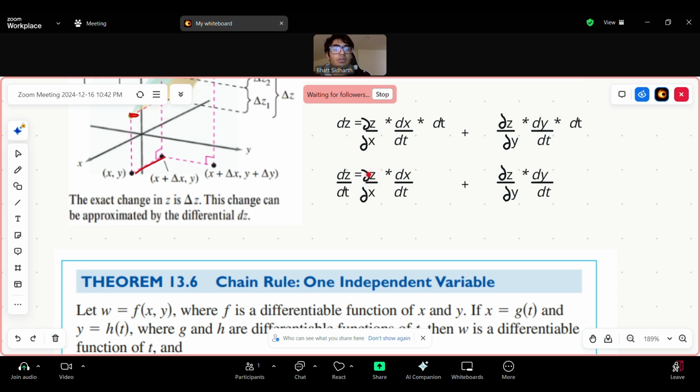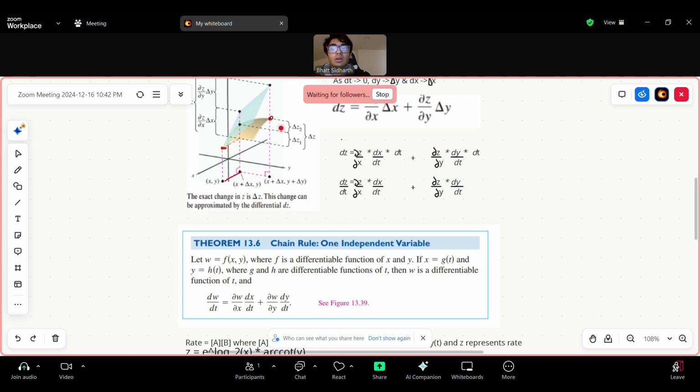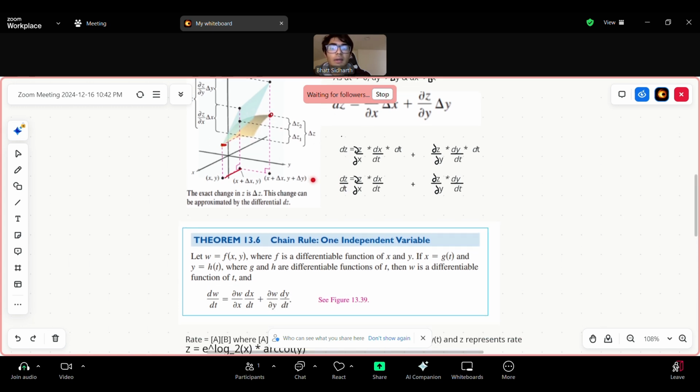And this makes sense if we look at it, because the partial x kind of cancels out with the dx. So then we're left with the change in z with respect to t for x, and the change in z with respect to t for y. And if you add those together, it makes sense that that's the change in z with respect to t as a whole, as shown over here, right?